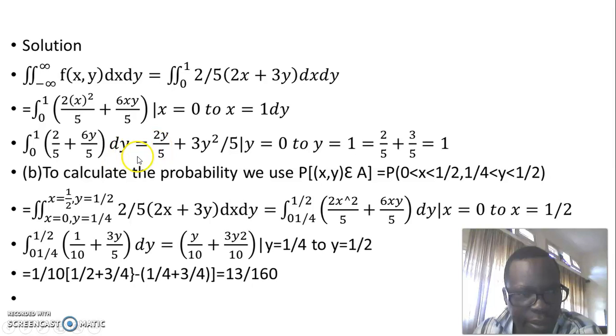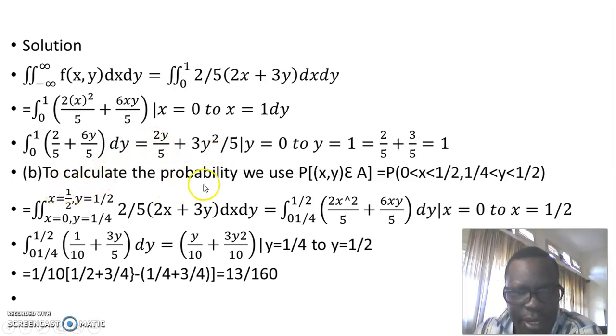So here will be equal to 2 out of 5 y plus 3y squared out of 5. So if we substitute again for y equals 0 to y equals 1, we shall have 2 out of 5 plus 3 out of 5, which is equal to 1. Hence, we have proved that the joint distribution 2 out of 5 into 2x plus 3y is a joint probability distribution.